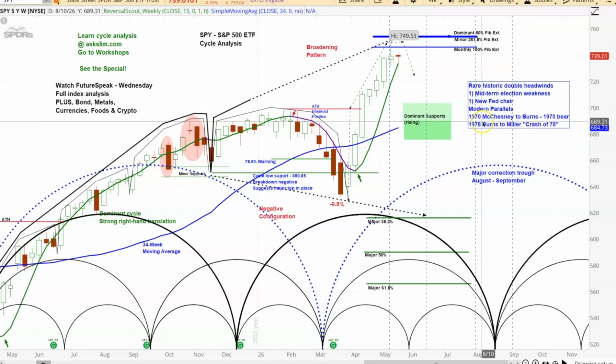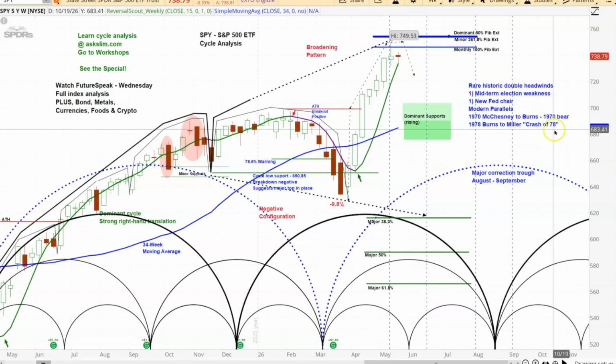Well, in 1970, McChesney was the Fed chair, and he handed it off to Arthur Burns. That was the time when we saw the 1970 bear market. 1978 was another time when we had that parallel. In other words, both the midterm elections and the new Fed chair.